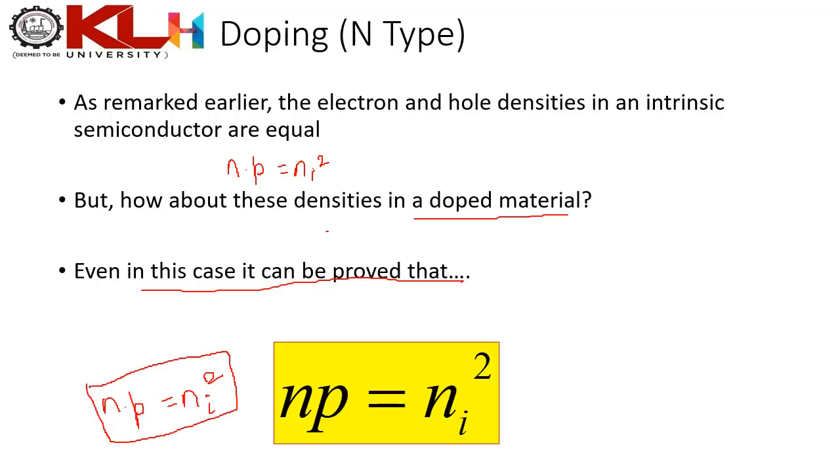I seriously recommend students to find out an answer for this: why even in doped materials the electron and hole density product is equal to ni square. I seriously recommend students to explore Google and find out an answer for this.